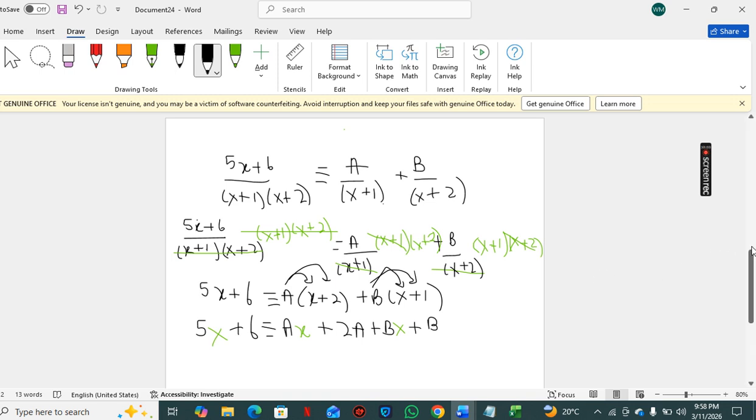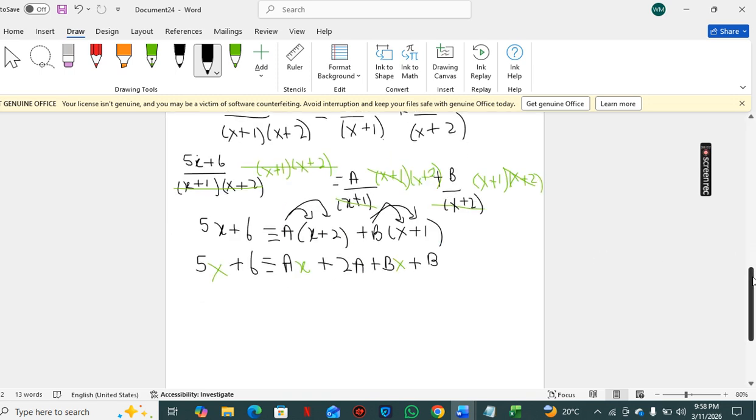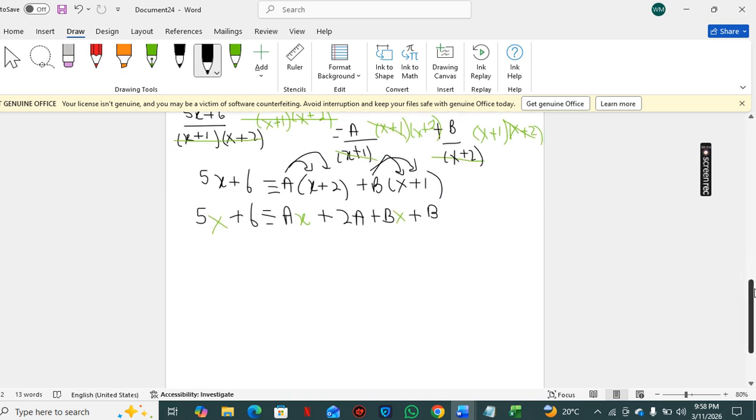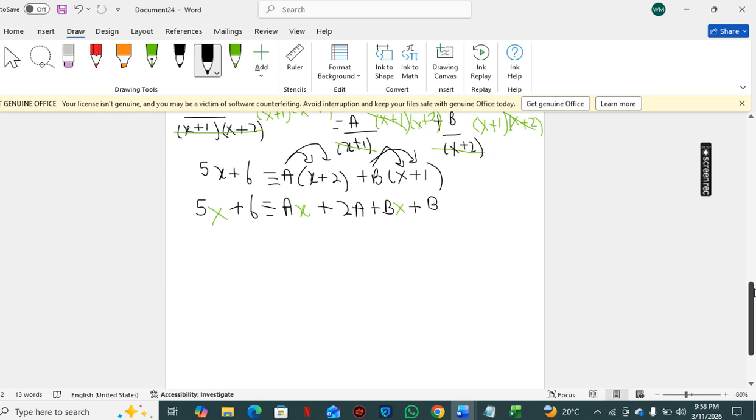So colleagues, the next step is you need to equate coefficients. Okay? Equating coefficients. That's what happens next.